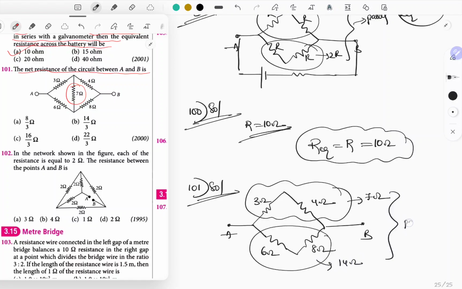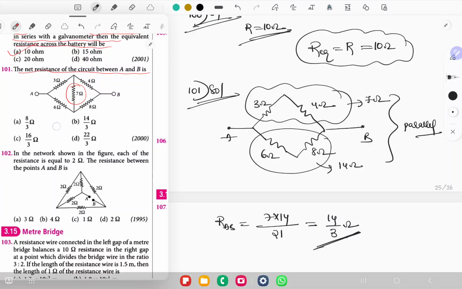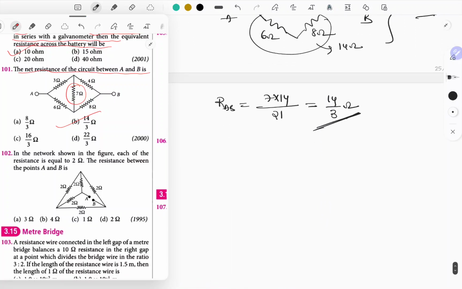These two resistors are connected in parallel, and the equivalent resistance between A and B is 7 into 14 divided by 7 plus 14, which is 98 by 21. So the answer is going to be 14 by 3 ohm. Option B is the correct answer for question number 101.